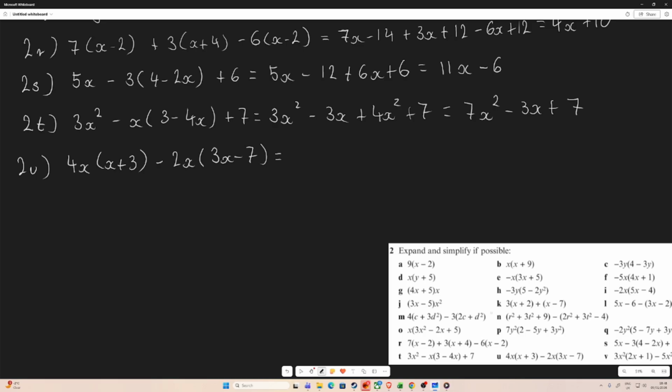So that is 4x squared plus 12x minus 6x squared plus 14x, which of course is equal to negative 2x squared plus 26x.